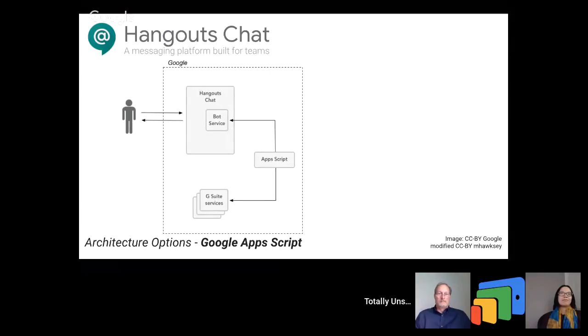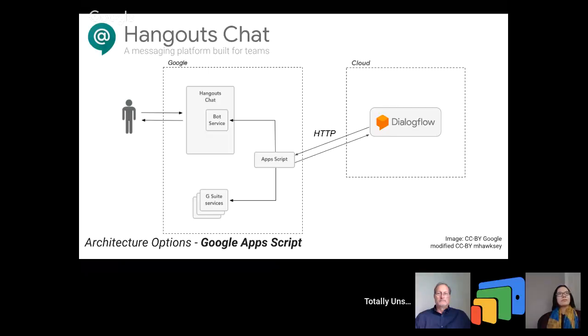So Apps Script, as well as integrating with the existing advanced services within G Suite, you can hook into other services and just make a URL fetch. For example, with your chatbots, you might want to hook into Dialogflow, which is a product bought by Google, which allows you to pass messages in and extract the intent out.